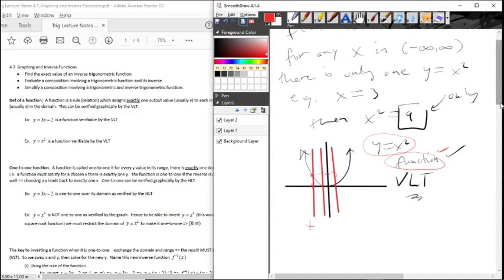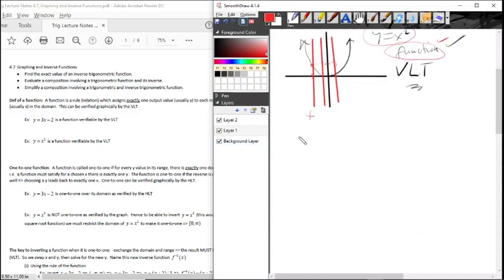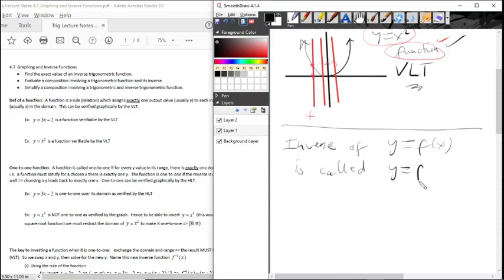Now an inverse function of a function that is called, let's say, y equals f of x, we're going to call the inverse function y equals f to the negative 1 of x. That's the notation we would use for an inverse function. The name of the function it's inverting is right here.